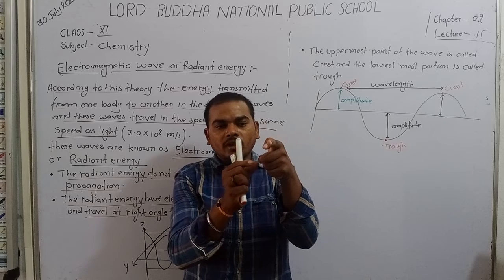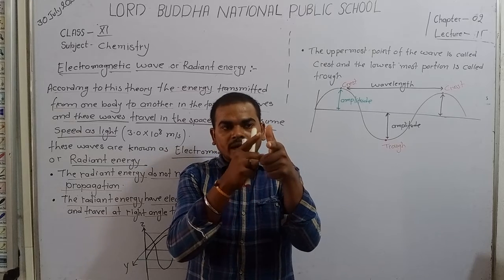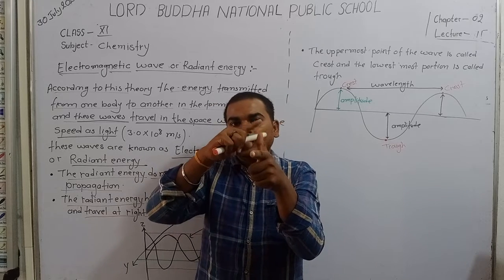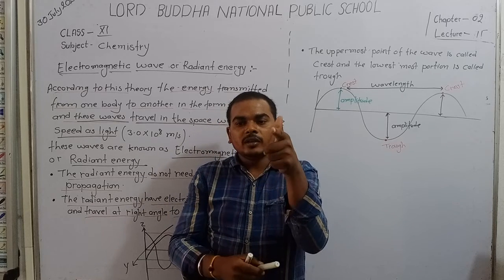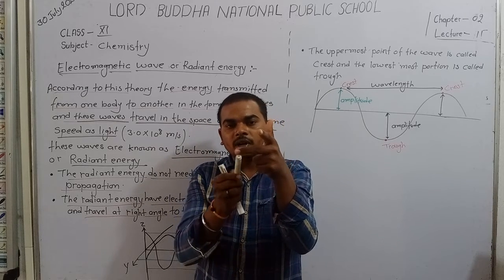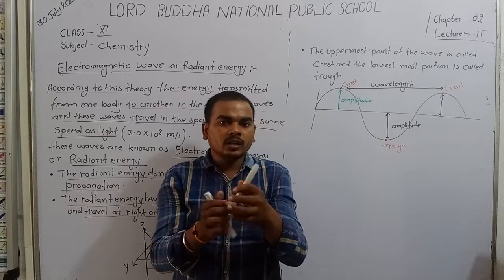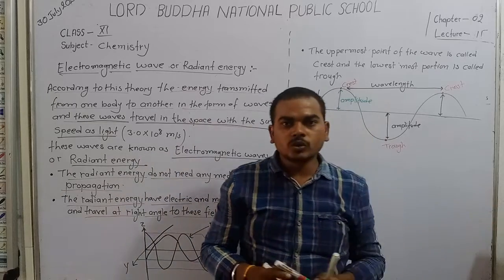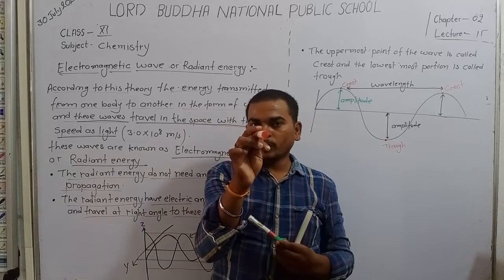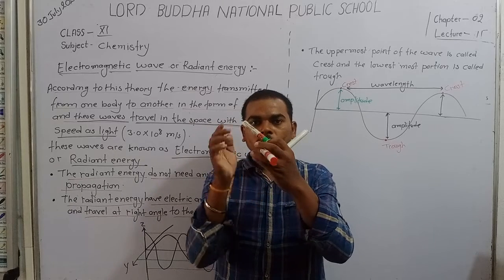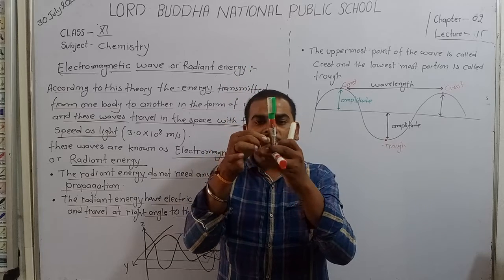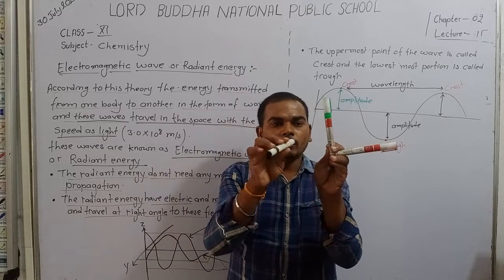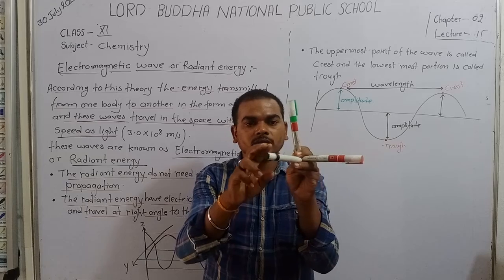If the magnetic field is here, then the electric field is here, at a right angle. Again, dear students, here is the direction of propagation. If the electric field is like this, then the magnetic field is like this.